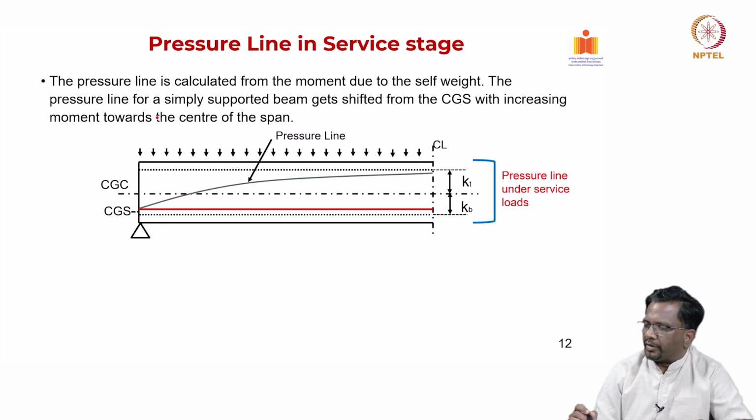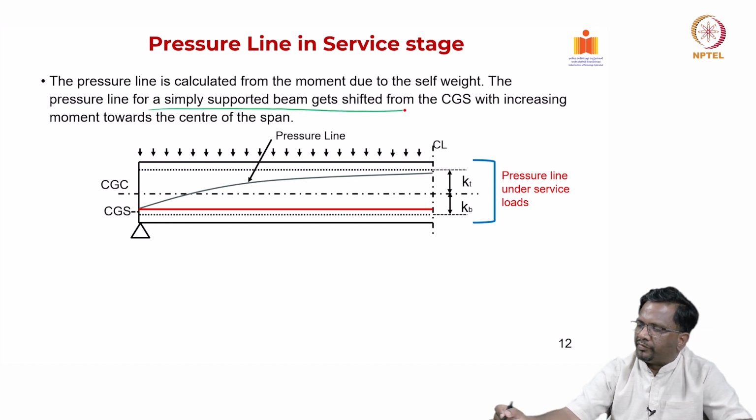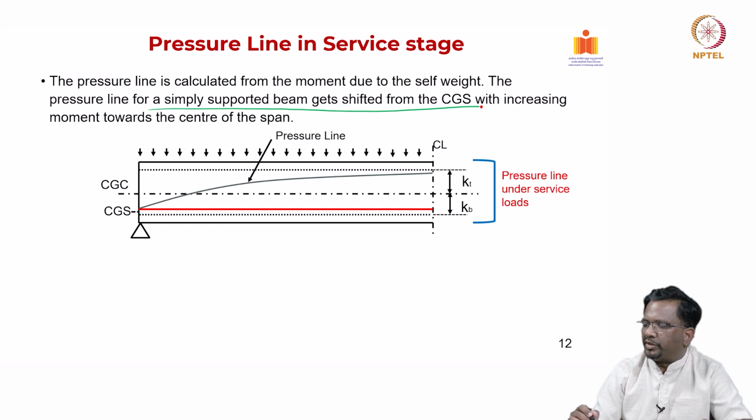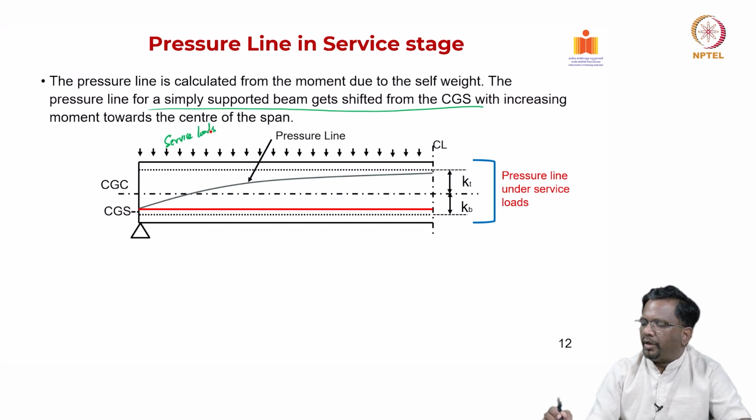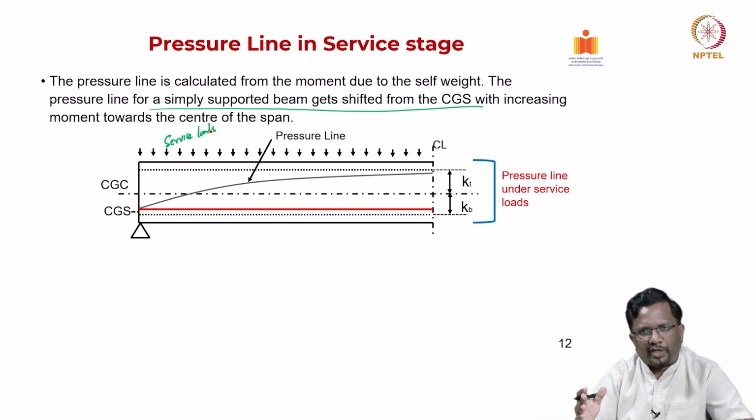So, let us look at the service stage now. In the previous case the pressure line was calculated from the moment due to self weight. As you can see, the pressure line for a simply supported beam gets shifted from CGS with increasing moment towards the center of the span. But now, when the service loads are also acting, you will find that more moment is acting on the cross section.